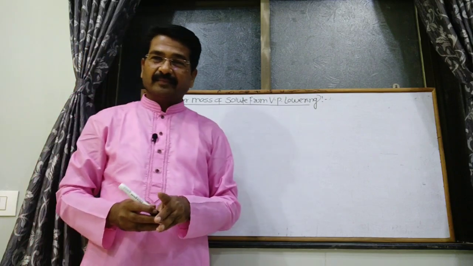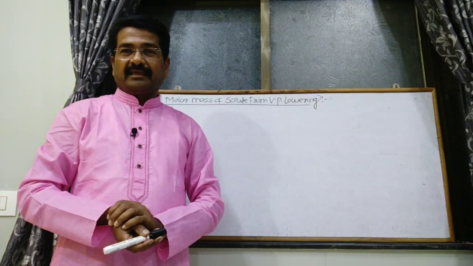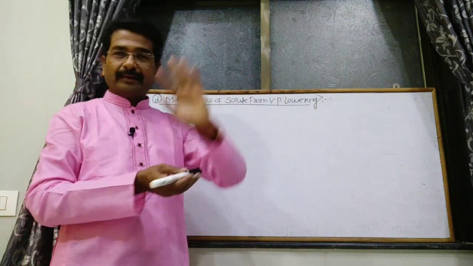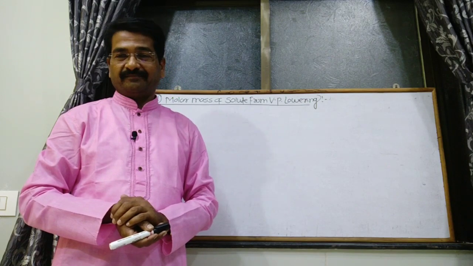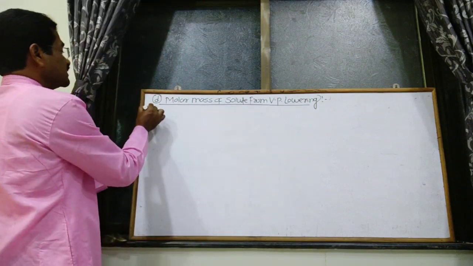In the board pattern, we have a 3-mark question: calculate the molar mass of solute from lowering of vapor pressure. Then, how to write the answer?